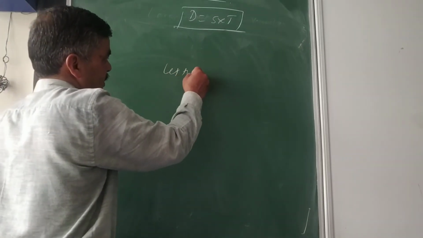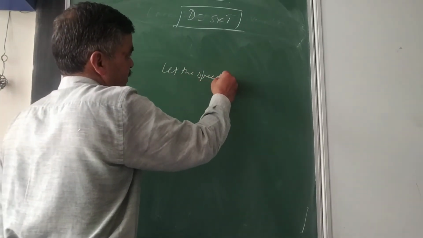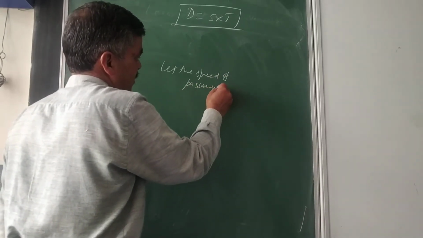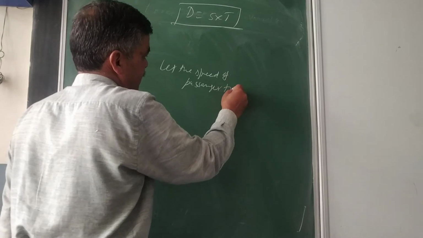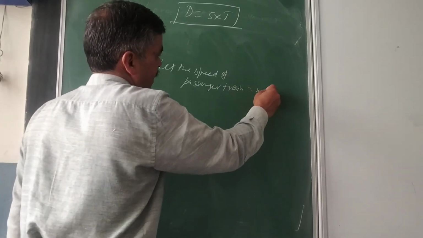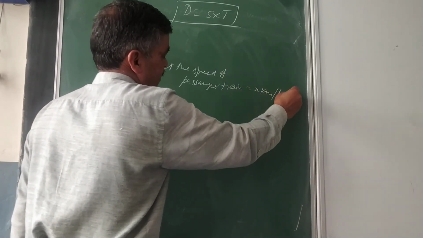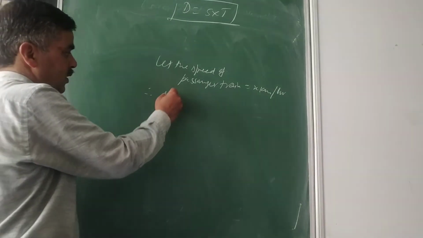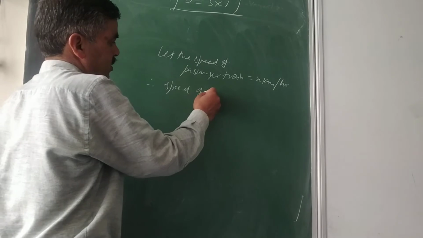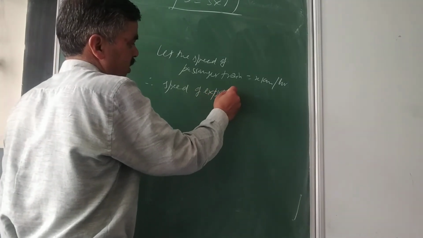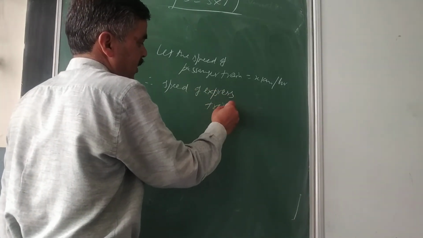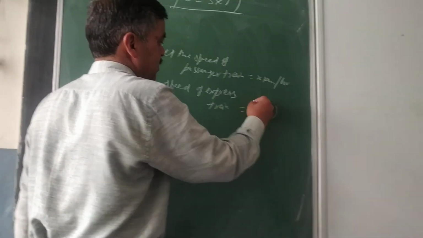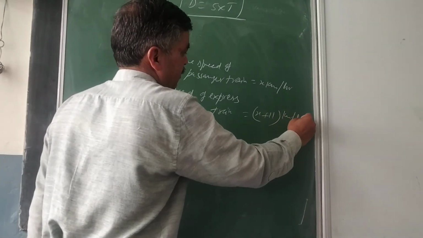Let the speed of the passenger train be x km per hour. So therefore the speed of your express train, that is 11 km more, will be equal to x plus 11 km per hour.